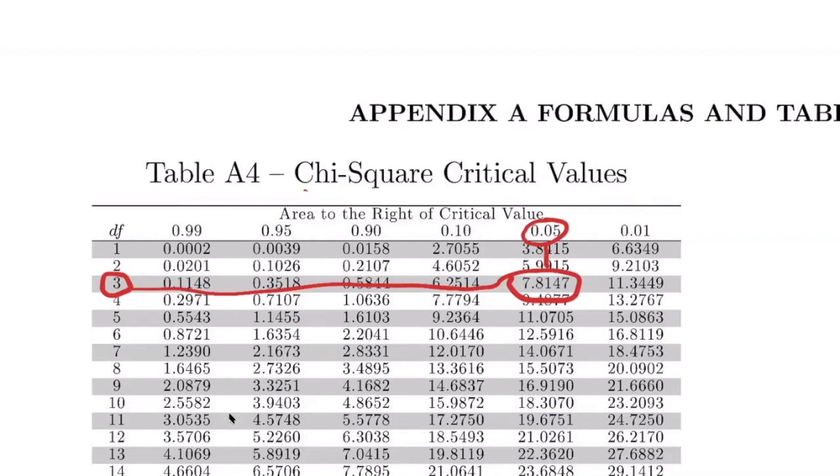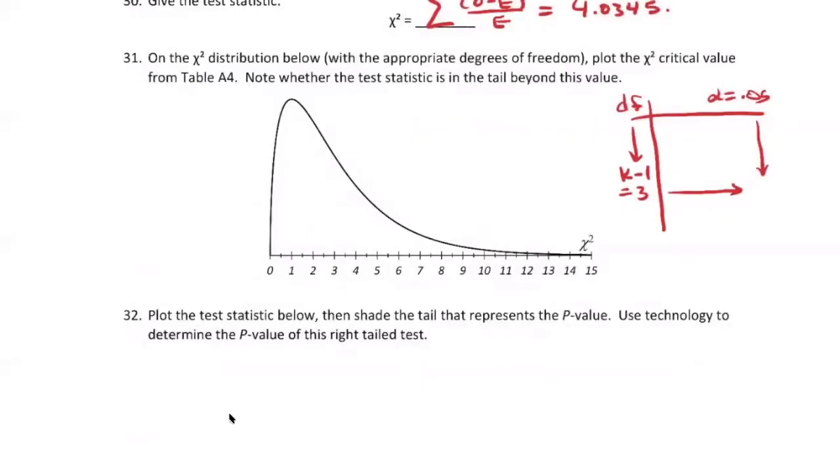All right, let's pop back. Okay, 7.8, so that's close to 8. So 7.8147 is our critical value.